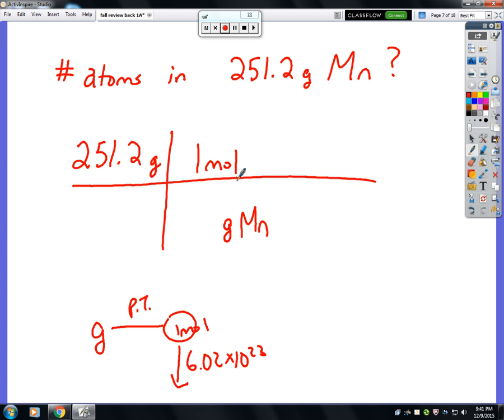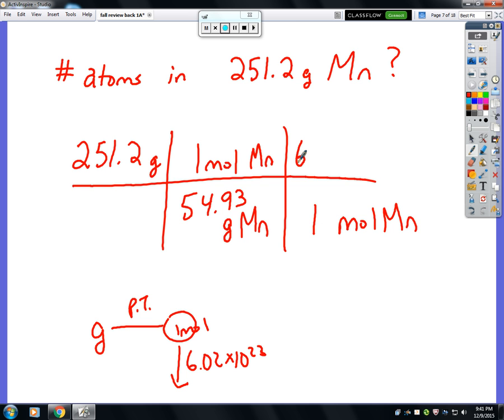And 1 mole of manganese is 54.93. Do I want moles of manganese? I do not. I want to put the word mole down here. And I have 1 mole, and I'm going to pass by 6.02 times 10 to the 23rd moles of manganese. Sounds like I really like saying that word.